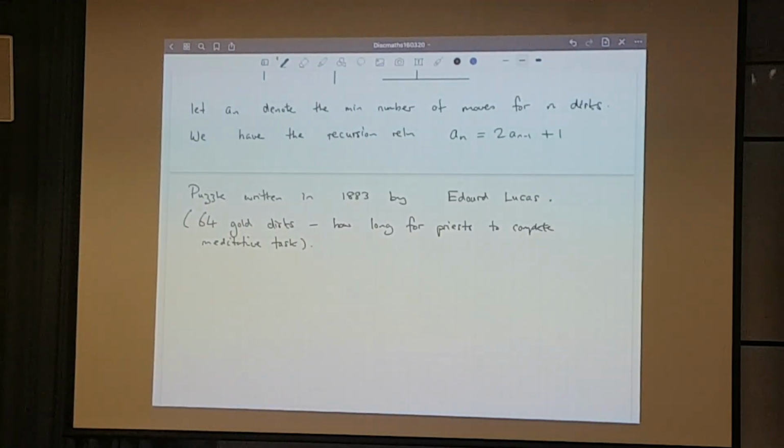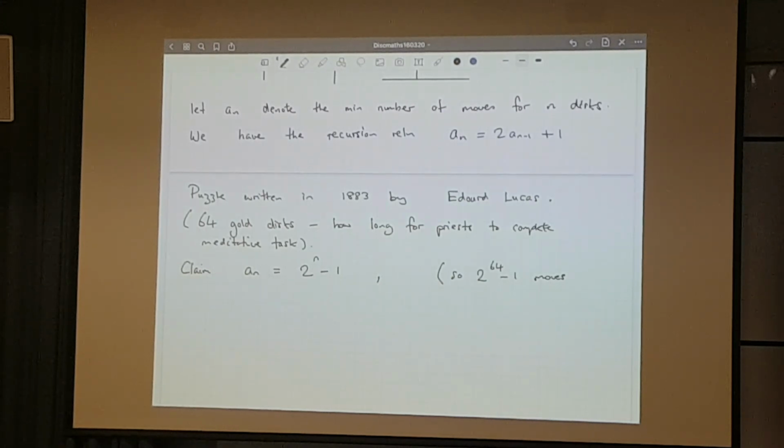So the claim is that the solution is the following: an is equal to 2 to the n minus 1. So for 64 disks, that will be 2 to the 64 minus 1. So suppose the monks moved 1 disk every minute.